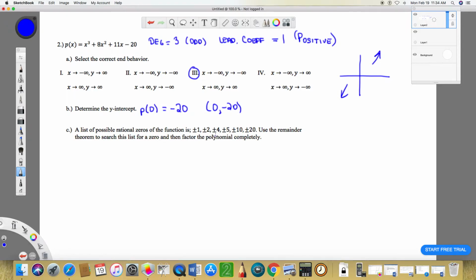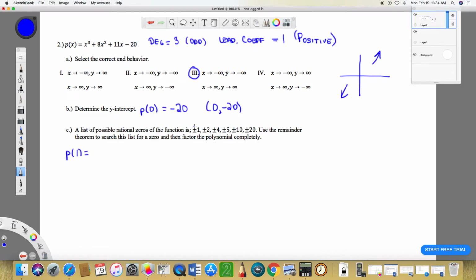So now the game begins in trying to search through this list, and unfortunately we could end up searching through the entire list and not find any zeros. There's no guarantee that any of these are zeros, but if there is a rational zero, then it's going to be in this list.